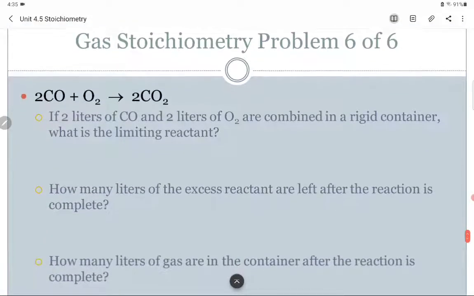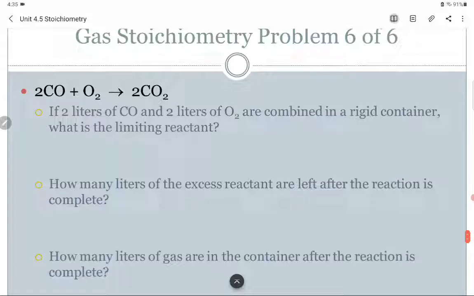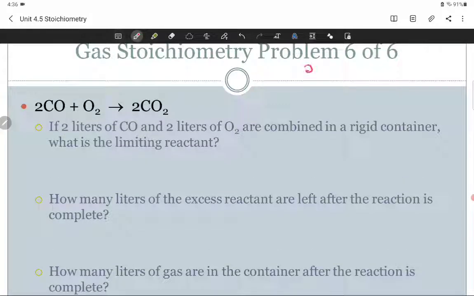Okay, and our last question. Again, we have a stoichiometric question, and I think it's good to think about these in terms of ICF tables. 2 liters and 2 liters. I said that it should tell you here that this question is at standard temperature and pressure. It doesn't, but it should, so I'm going to add that.